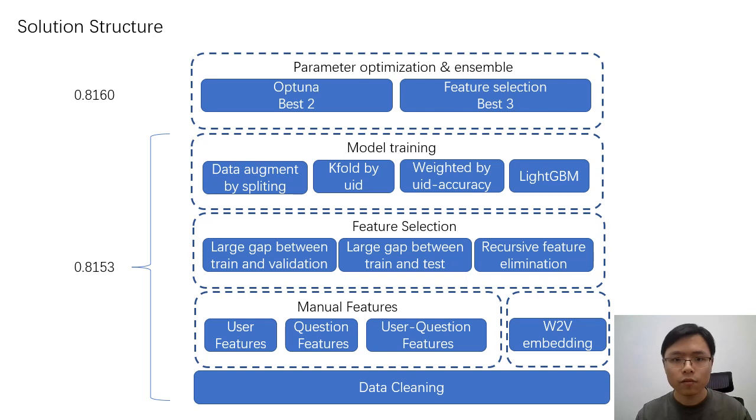After that, data augmentation, k-fold experiments and the training weight experiments also lead to an improvement. Finally, two best sets of parameters and three best sets of features were chosen respectively. Those six models in ensemble give another improvement.